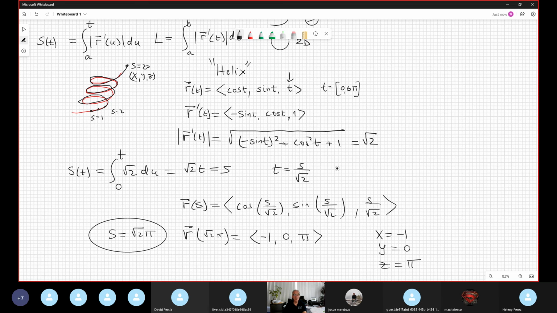Disadvantage of the arc length parametrization. Wow, sometimes it's very complicated. I selected here an easy example, but sometimes it's crazy because of the antiderivative. You know, in calculus 2, some functions have no antiderivative. It's impossible.